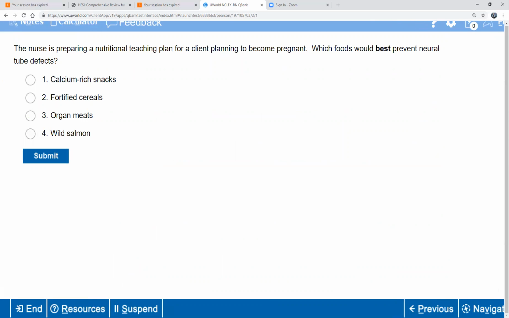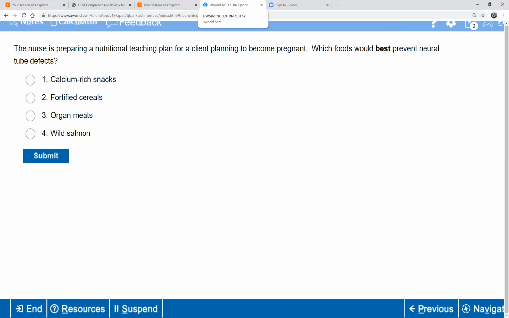The nurse is preparing a nutritional teaching plan for a client planning to become pregnant. Which food will best prevent neural tube defects? So what kind of food are you looking for? Is it organ meat?